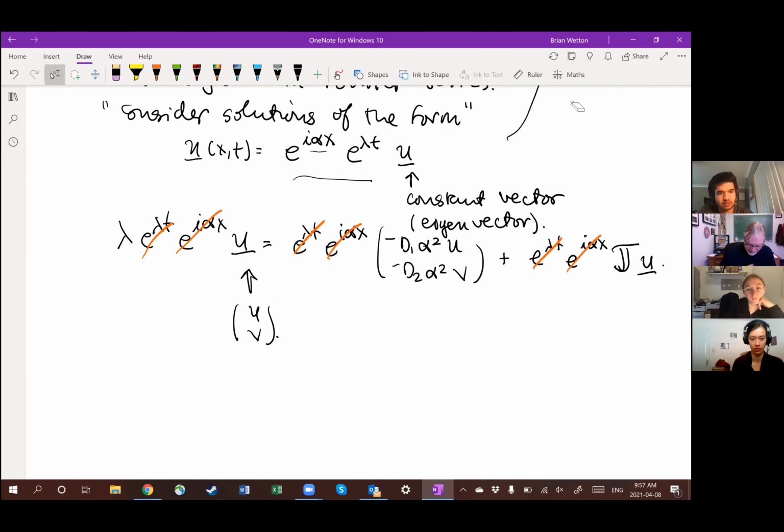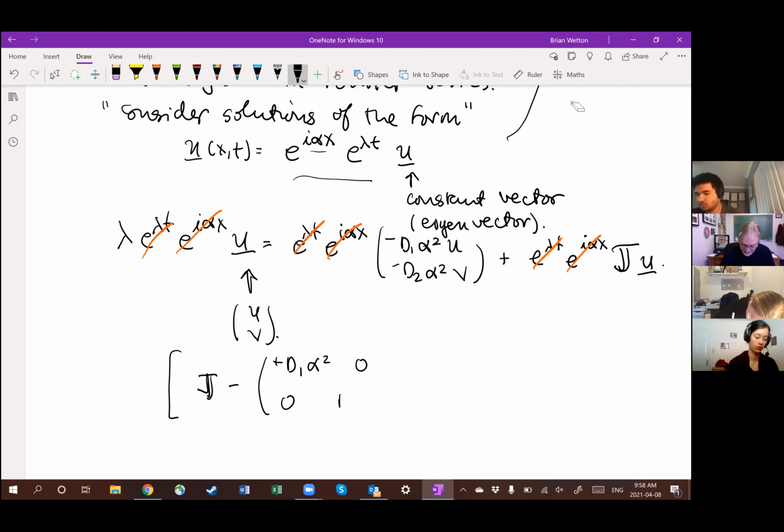And the matrix that you know will come out is this matrix J. Sorry, it's J, minus D1 alpha squared, 0, 0, D2 alpha squared, times this vector u is lambda times u.